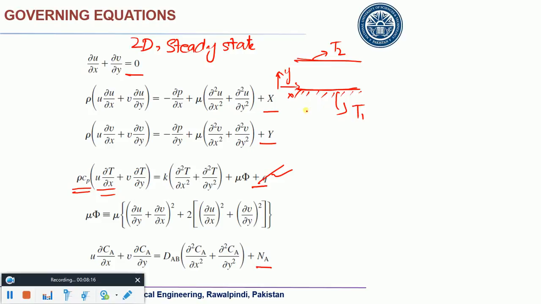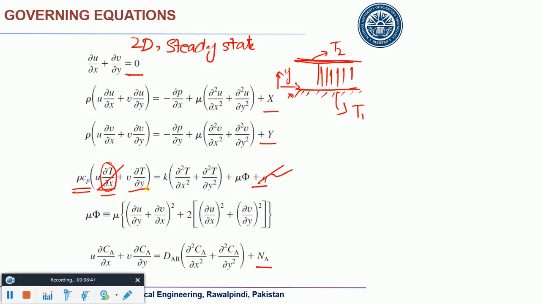So is there a temperature gradient along X? I am just talking about the whole plate. So this partial T by partial X term is zero. Because if this whole plate is at a temperature T2 and this whole plate is at a temperature T1, then within the whole domain, this partial T by partial X would be immaterial, right?